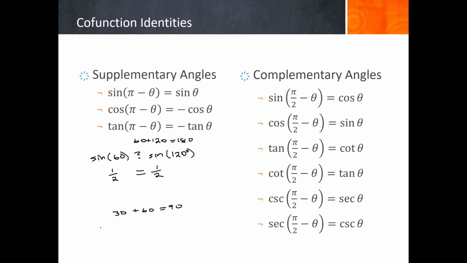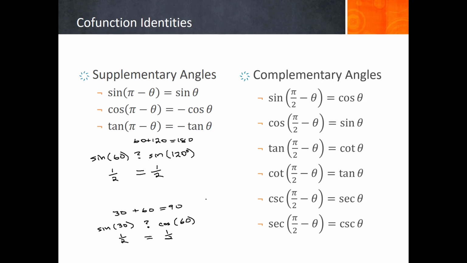So if I tried to compute the sine of 30 degrees, and I wanted to compare that to the cosine of 60 degrees, well, the sine of 30 is a half, and the cosine of 60 is also a half, and lo and behold, those are equal to each other. And that's what these first two statements are telling us. And it doesn't matter which direction. If you're doing the complementary of sine or the complementary of cosine, they're flipped relationships.